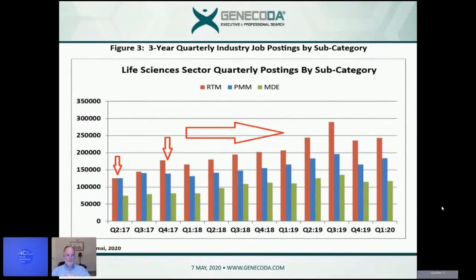PMM, Pharmaceutical Manufacturing, Medicine Manufacturing, is the blue graph, and MD, or Medical Device and Equipment, is the green segment. One thing we like to review when looking at this figure is the relationships between the different subsector components.